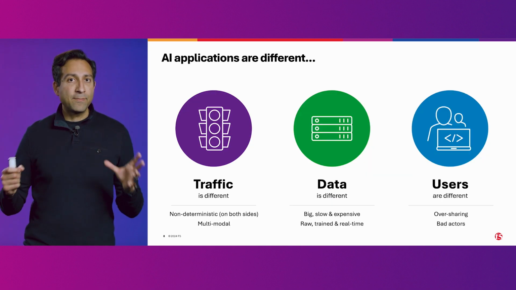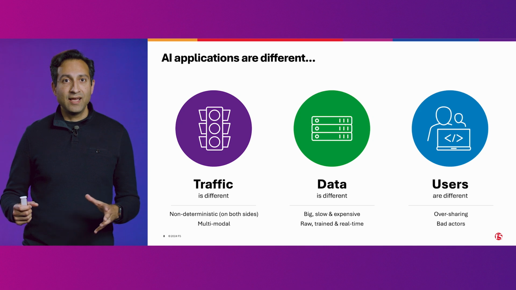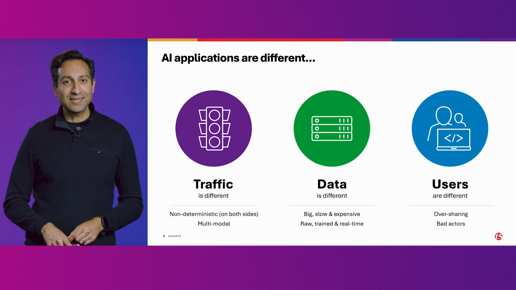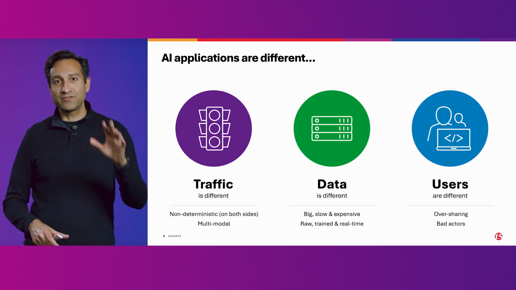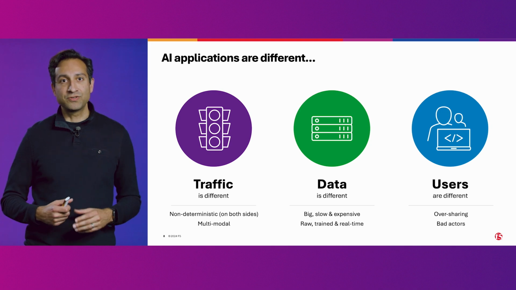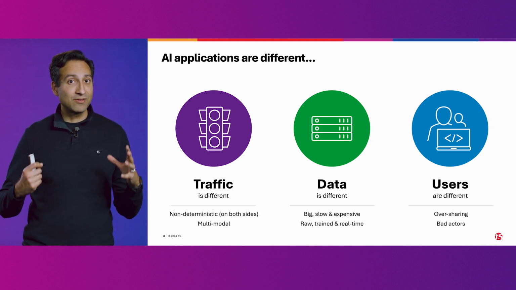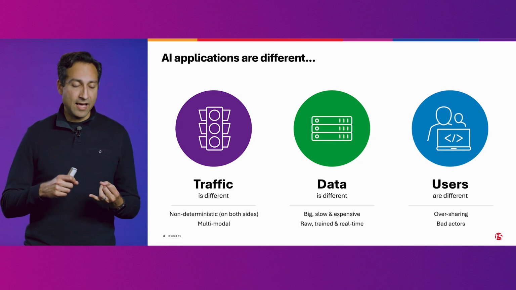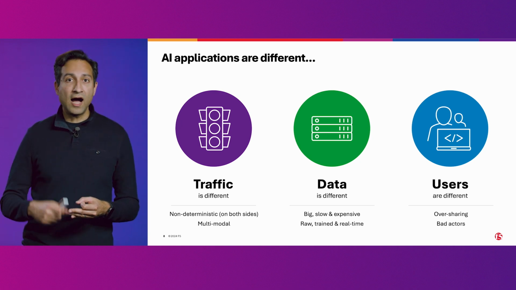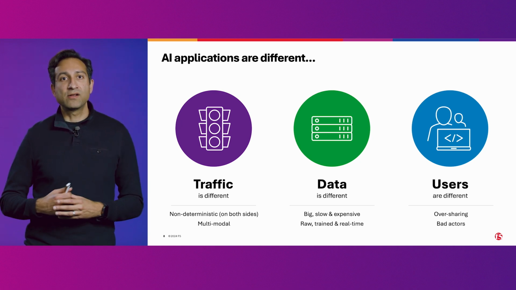Now, AI applications are just different. They're different in lots of different ways. I already talked about the model, but they're also different in terms of traffic, data, and users. In terms of traffic, models don't have to be text-based. Models could also be full of images or videos or audio. There's lots of different types of models out there.